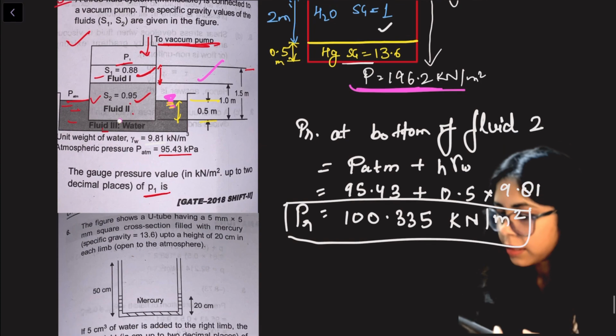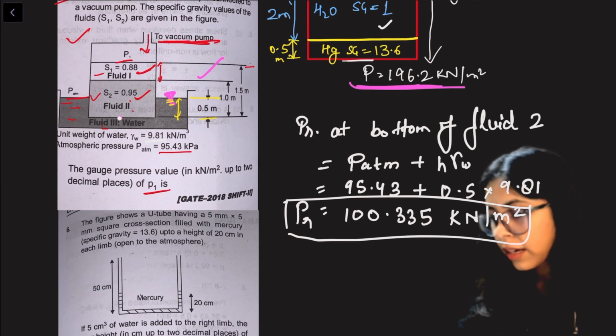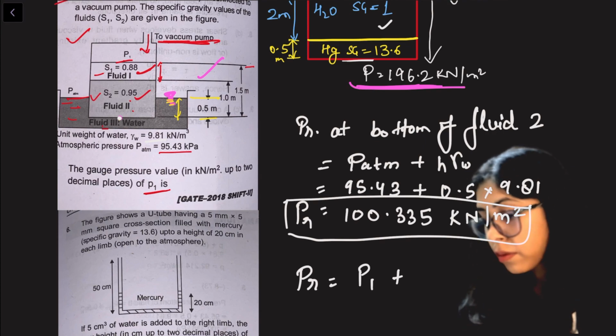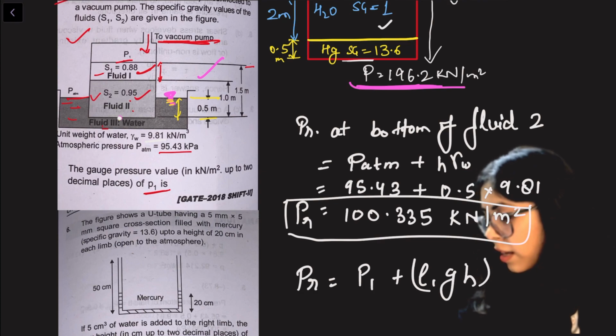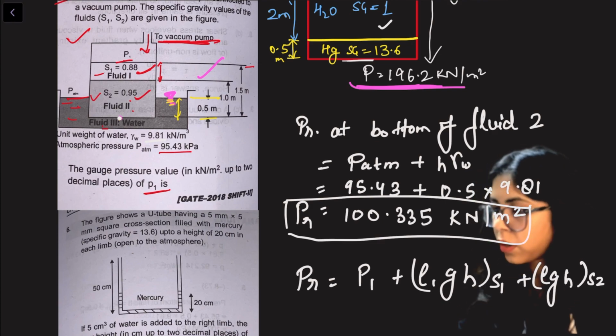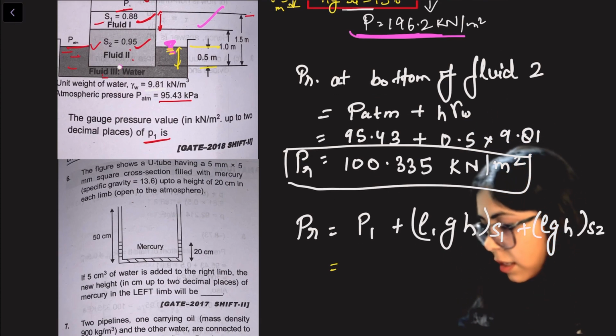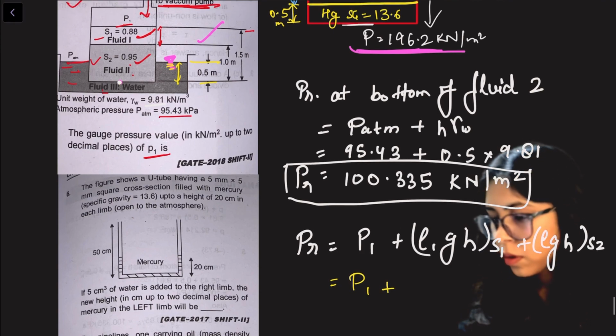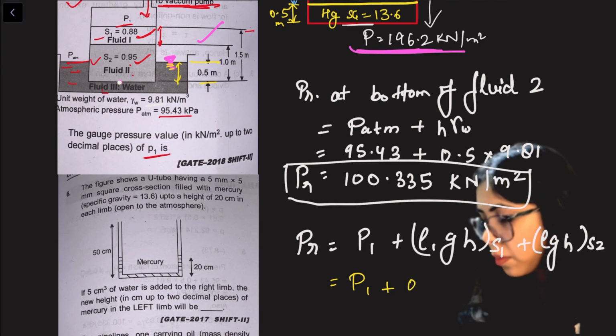Now if I get this, I can directly say that this total pressure is equal to P1 plus rho g h of S1 fluid plus rho g h of S2 fluid. So P1 is what I have to calculate, plus, and directly they have given the specific gravity. So this is 0.88 of what? Water.